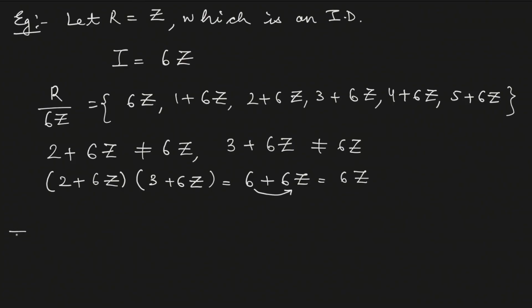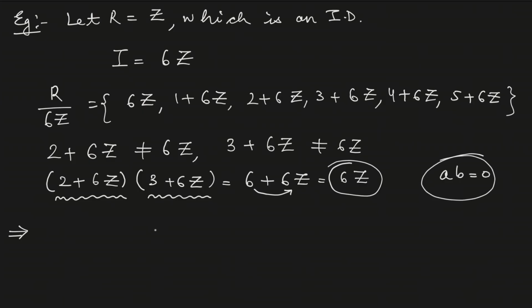So this means that neither this element is 0 nor this element is 0, but still I am getting ab equals 0. R/I has zero divisors.